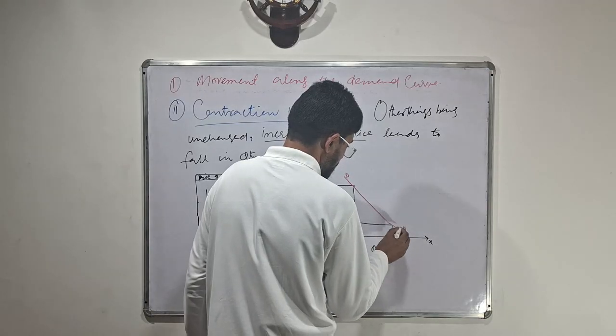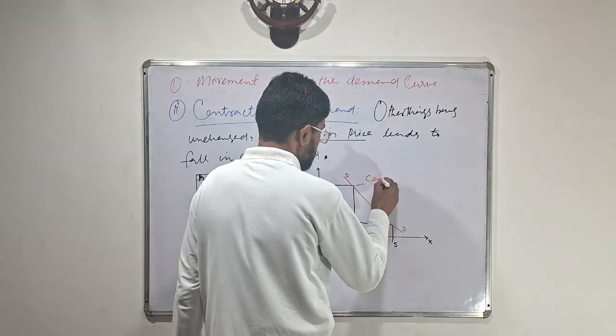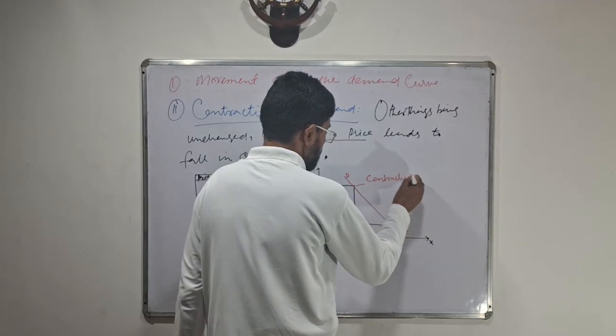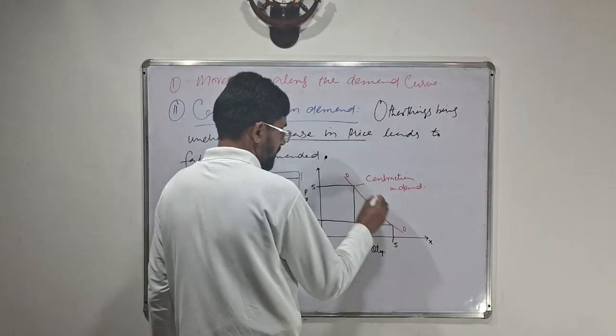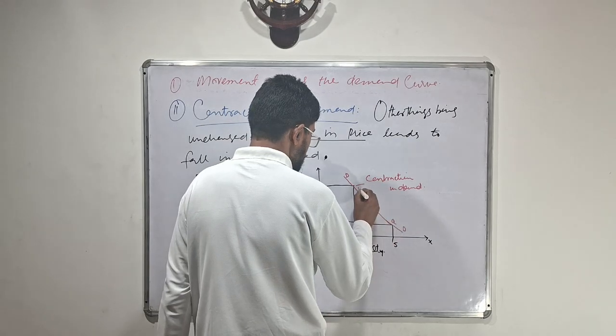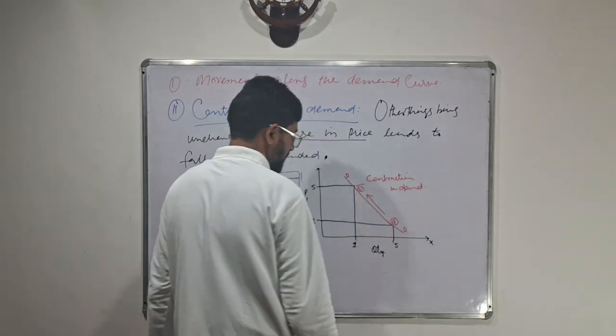DD. This is the demand curve. This we call contraction in demand, means from A to B. This we call contraction in demand.